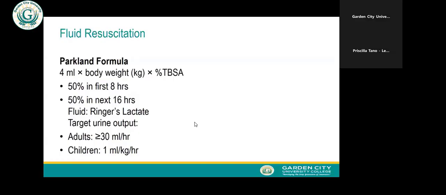And with their urine output, we have to titrate that fluid at, if it's adult, always per hour, you should get at least 30 mils of fluid. 30 mils of fluid per hour for adults. If it's low, then there's a problem. And if it's pediatrics, then 1 mil per kilogram body weight per hour when we are monitoring their urine output. Okay, I'm sure we can go and read more about that.